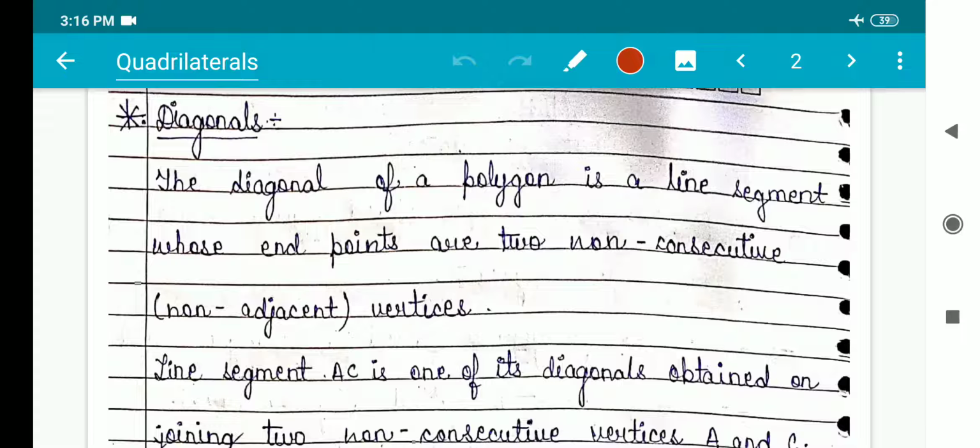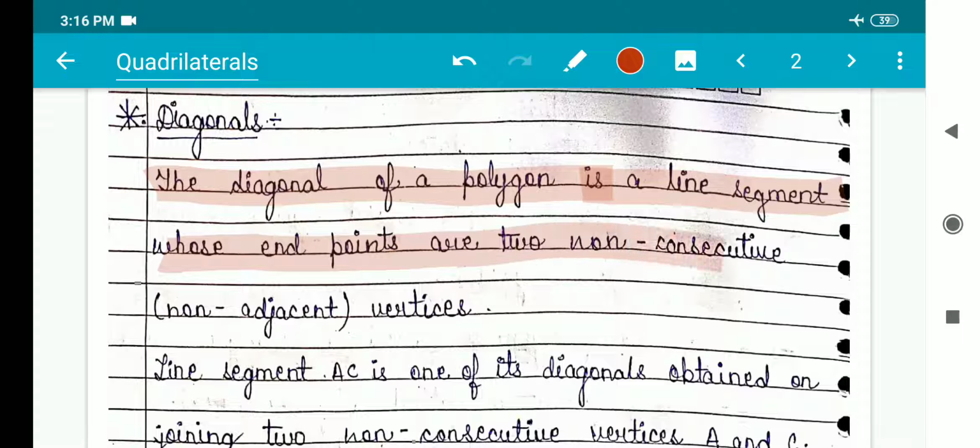The second topic is diagonals. The diagonal of a polygon is a line segment whose endpoints are two non-consecutive vertices. So what is non-consecutive? In a simple manner, non-consecutive means not a neighbor vertex, not the close one.